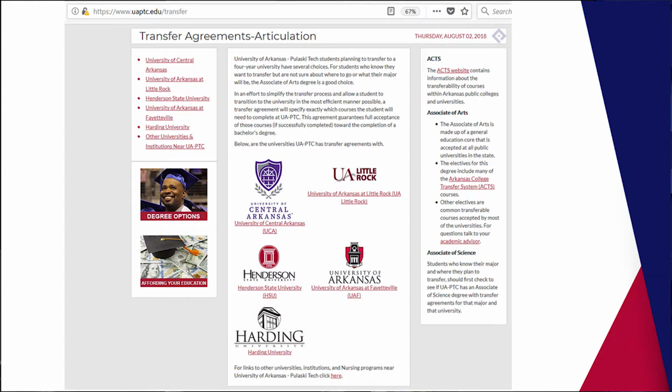So over the summer, I met with UCA, UALR, ASU, and Harding to work through some issues we saw where students, if they followed that 2+2 plan, were not going to graduate with us. They were told to take courses that weren't on our degree plans or to take courses at another institution and then transfer them back in, and they weren't courses that we would accept. So I have fixed that with other people's help, so it's not just me.